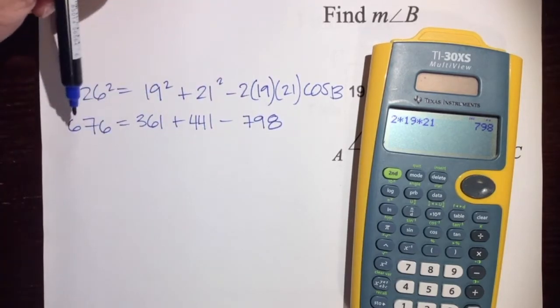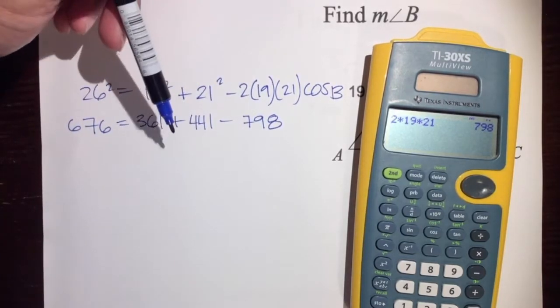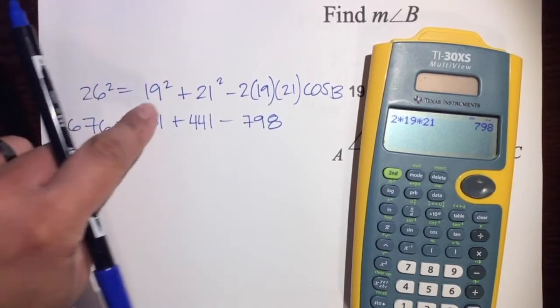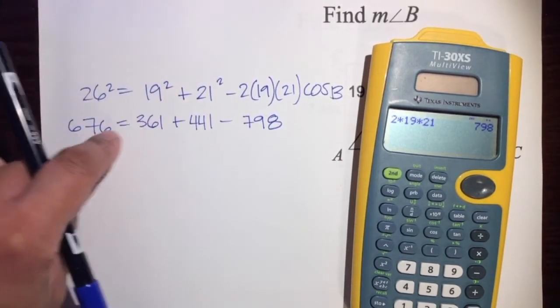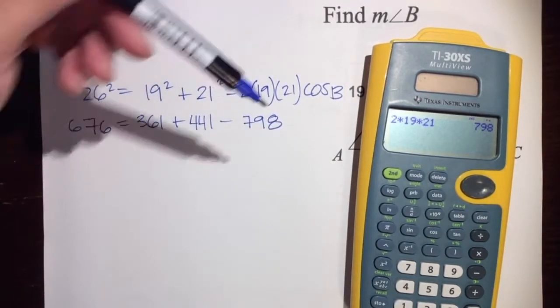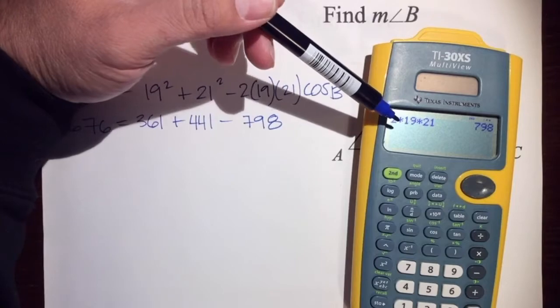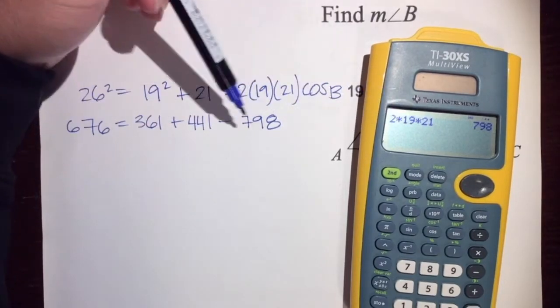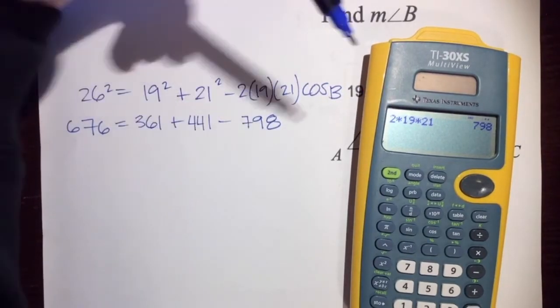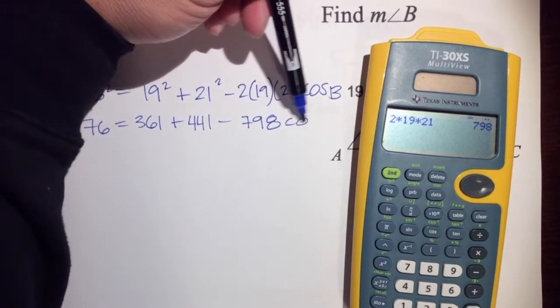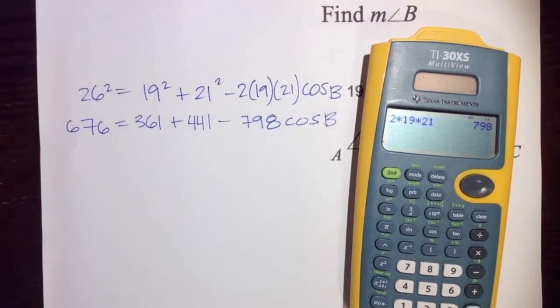Okay, so instead of doing what I did in the previous one, instead of waiting until the square, I'm squaring it as we're doing it. Okay, so I left this negative here, and if you see in my calculator, I left them all positive, but this negative reminded me that it was negative. And then cosine of b.